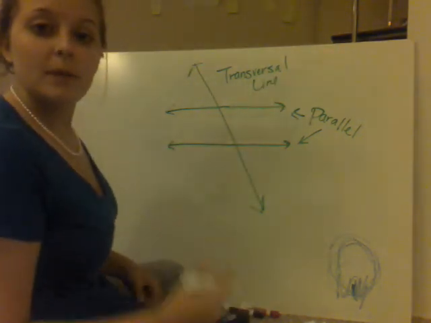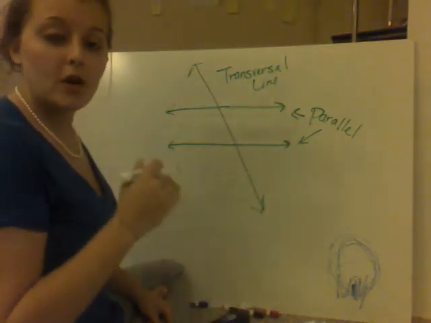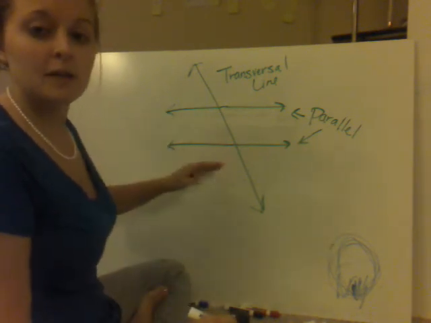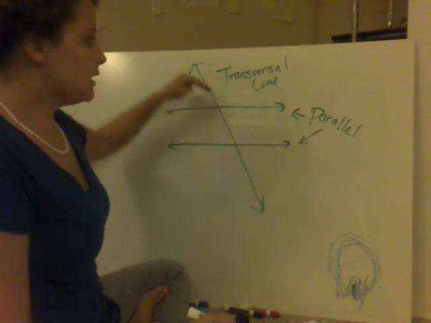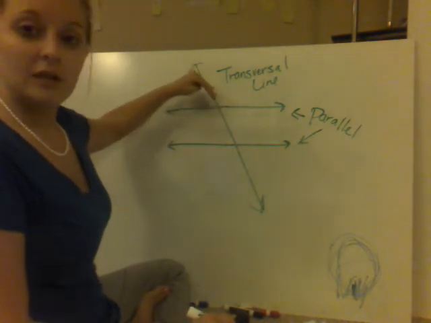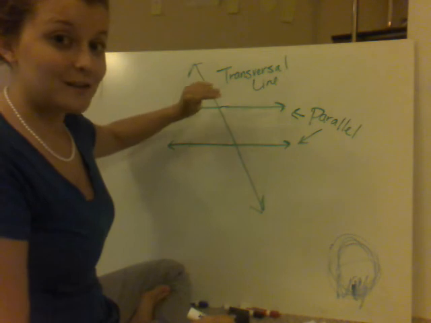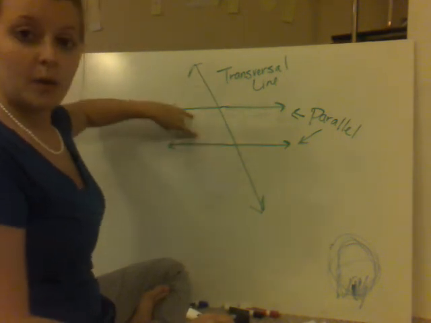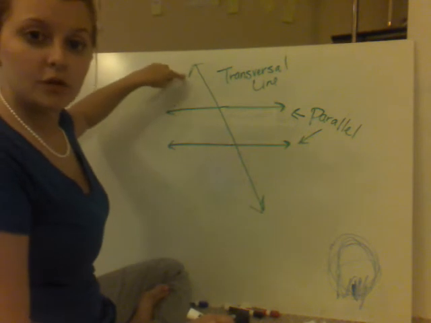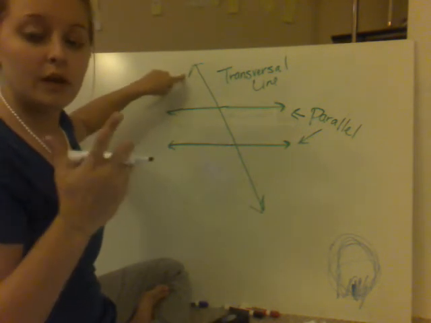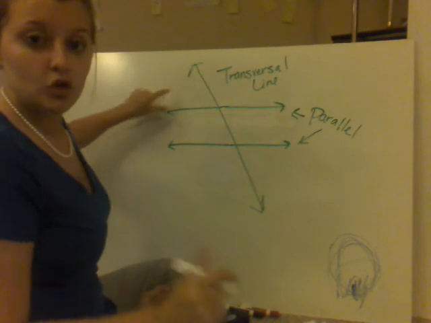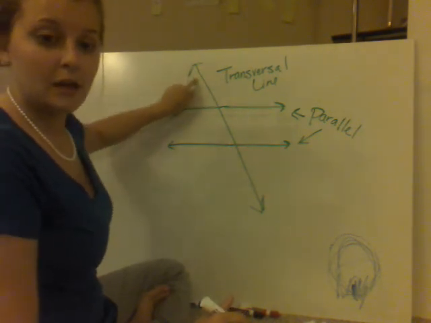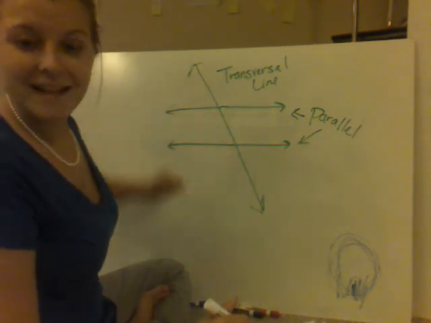A transversal line being a line that cuts two separate parallel lines at any particular place, but it cuts them both. Now this is going to make those things like alternating interior angles that we love so much. But this part here is that there are two parallel lines and one transversal line. A total of 3 lines, 2 parallel, 1 transversal. Just this line right here, like so, is a transversal.